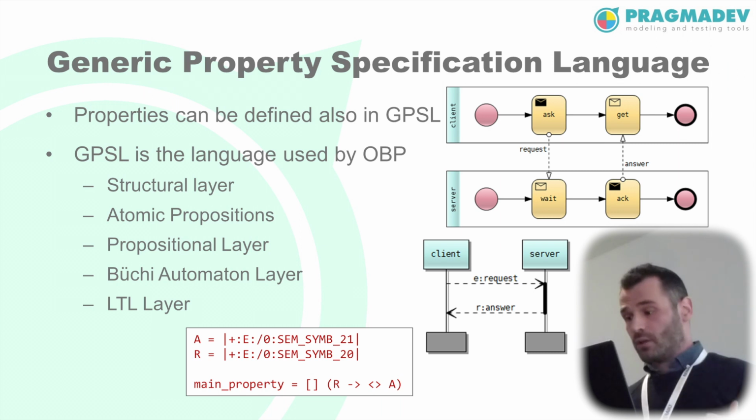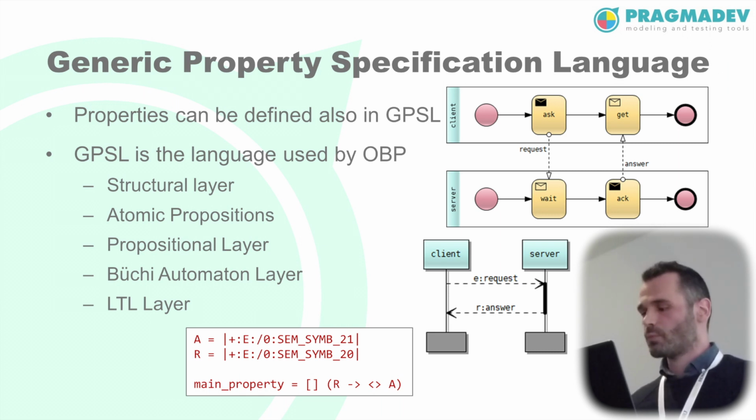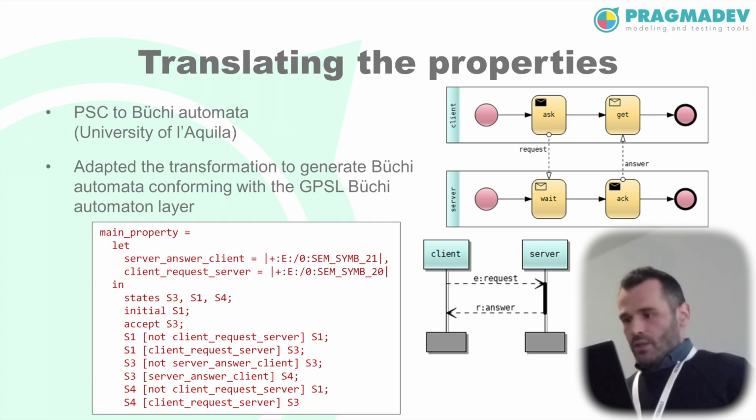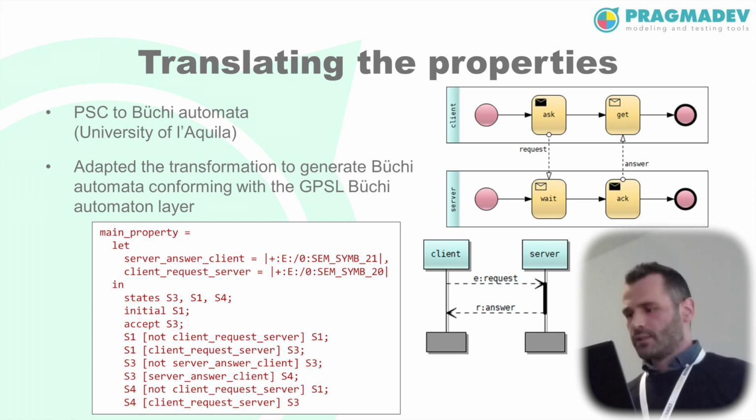GPSL uses BPI automata for expressing temporal properties, and the linear temporal logic support is provided by syntactically extending the propositional layer with temporal operators. The property sequence chart notation is based on work initially started at the University of L'Aquila in Italy. In our case, we have adapted the transformation to generate automata conforming to the GPSL automata.